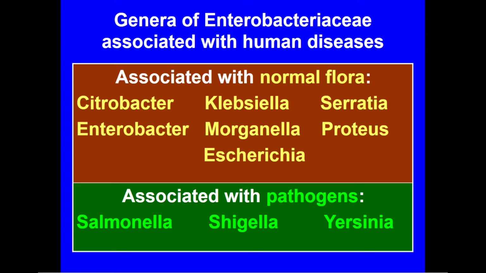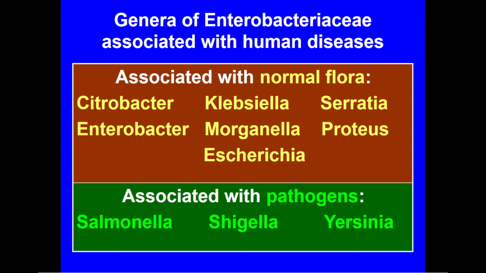But generally in this family, we may also have bacteria that are considered to be primary pathogens. What does it mean? It means that this is with no reference to the immunity, whether it is high or low, immunocompromised or very well.